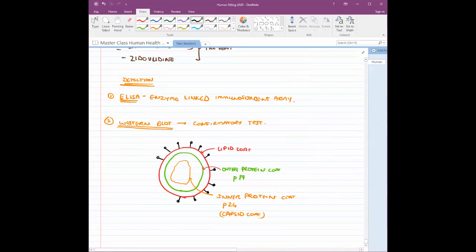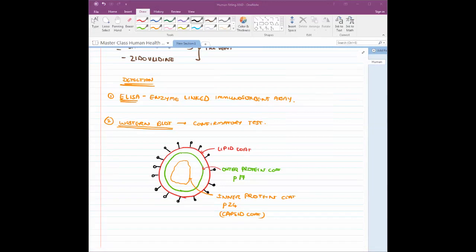They come from the lipid part only. These knobs we call the GP120 knob. So this is GP120.